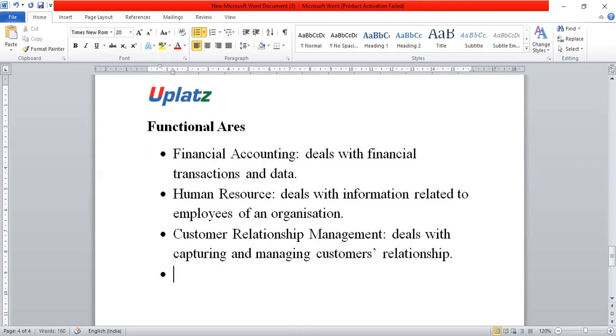Next function is sales and distribution. It deals with order placements, delivery, and invoicing.